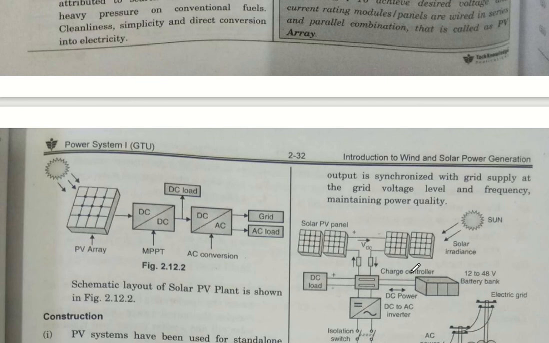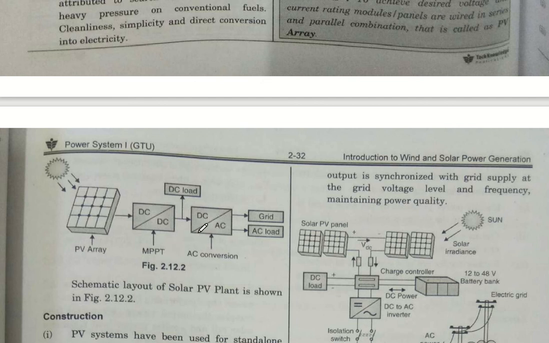Now coming to discuss the schematic layout of a solar power plant. Okay, here you can see here's my solar array, PV array. It will generate DC output. We will use MPPT, maximum power point tracker, and we will convert that fixed DC into variable DC. Then we give this DC to the DC to AC converter.